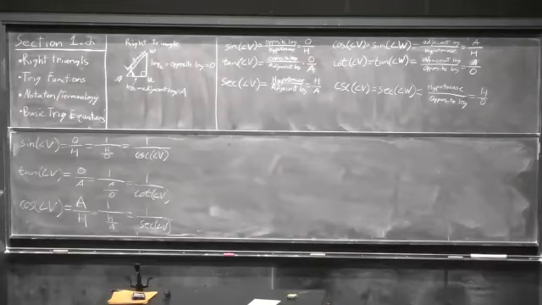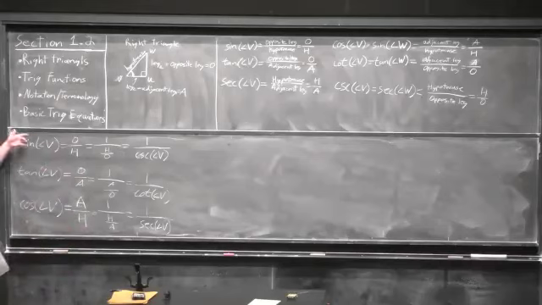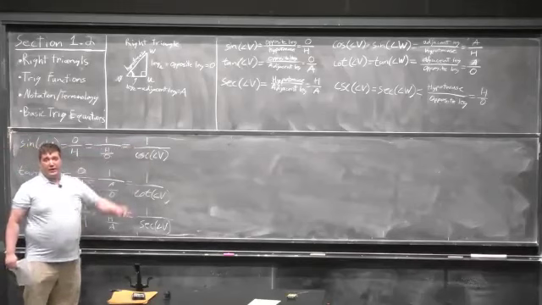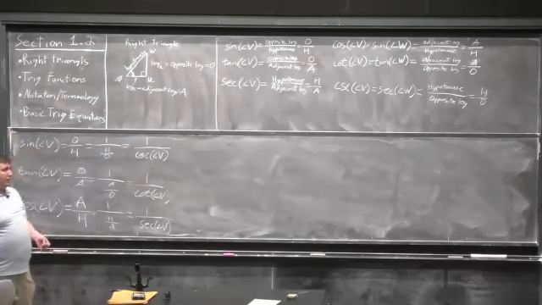Notice that we have done the same trick over and over again, and these facts remain true if I take the reciprocal of each of these equations. Cosecant is 1 over sine of the same angle.